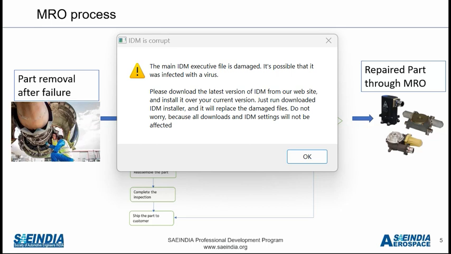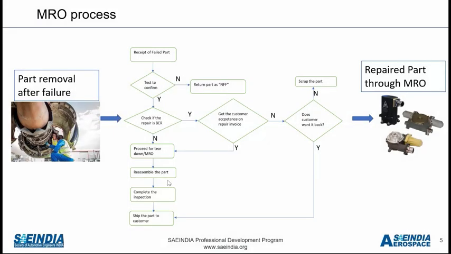And then as I said, if we have already got the go-ahead for the repair, we will repair the product, reassemble it again, and complete the inspection or the testing to check whether it is now up to the mark with respect to performance and functioning, and then we'll send it to the customer, in this case mostly the airlines or whoever has sent that product.